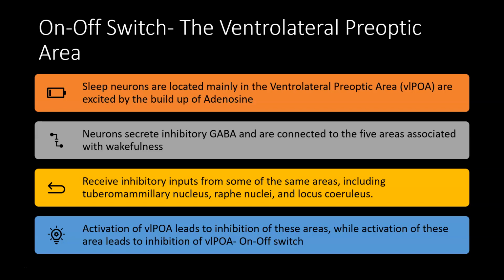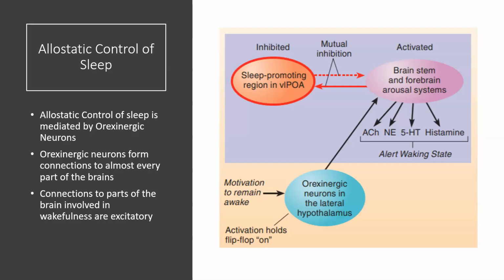And the VLPO also receives inhibitory inputs from these areas, including the histaminergic, the serotonergic, and the neuroadrenergic systems. The activation of VLPO leads to inhibition of these areas, while activation of these areas leads to the inhibition of VLPO. So, like I said, on-off switch. It's like turning a light on or off.